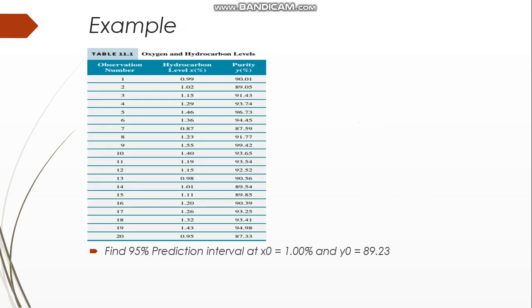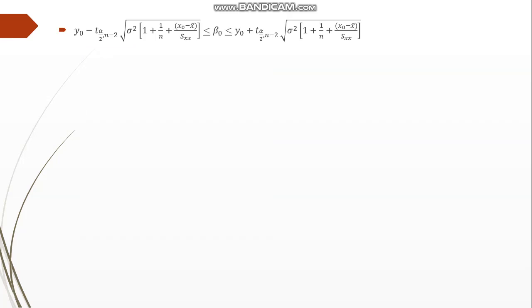This is the example. This is the table for oxygen and hydrocarbon levels. And the objective is to find a 95% prediction interval at x0 = 1 and y0 = 89.23. Okay, we use the prediction interval formula in here. The y0 is 89.23.